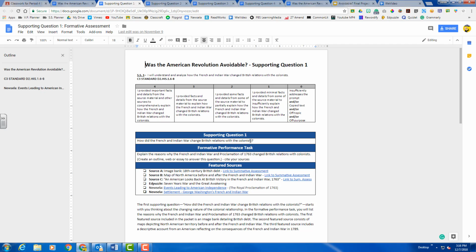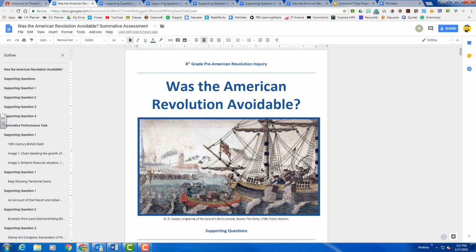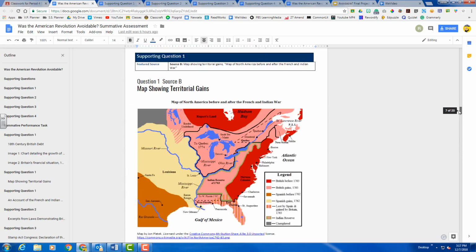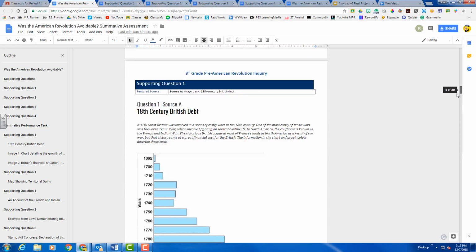You were going to decide if it really did change relations with the colonists or not. I have provided you with 3 sources of information. This one link will take you to the summative assessment inside this overall project, and inside here you have all of the different sources you should be using.